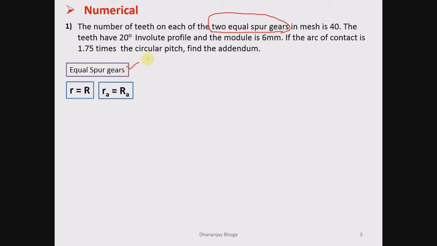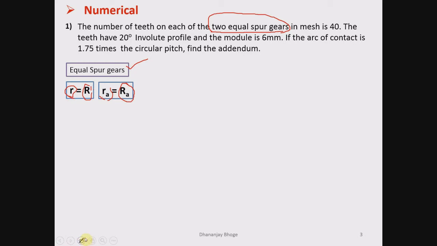So I write here: equal spur gears. Right, this is given data, equal spur gears, and because the gears are equal, pitch circle radius of pinion is equal to pitch circle radius of gear. Addendum circle radius of pinion is equal to addendum circle radius of gear.